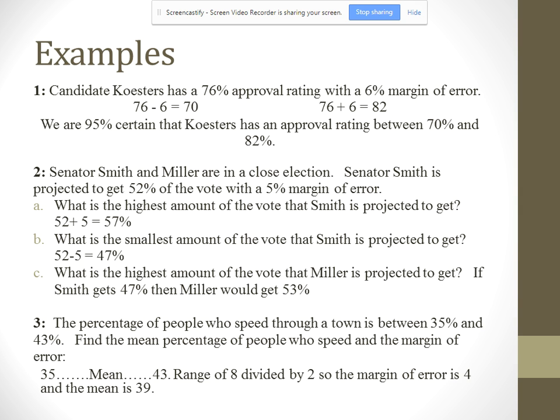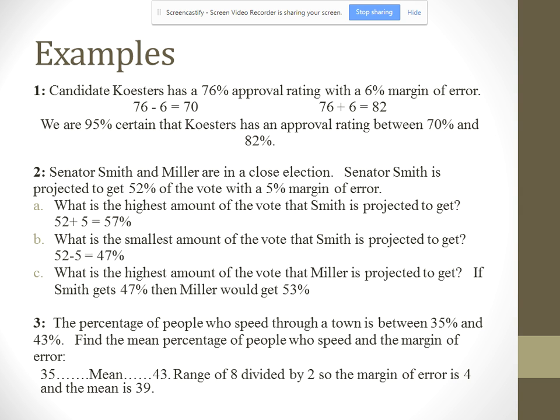If they just tell you he's projected to get 52% of the vote, you think, okay, he's going to win the election, right? He's got more than half. But that 5% margin of error, the lower end, puts him below half. So he may not actually win that election because he could get less than half of the votes.